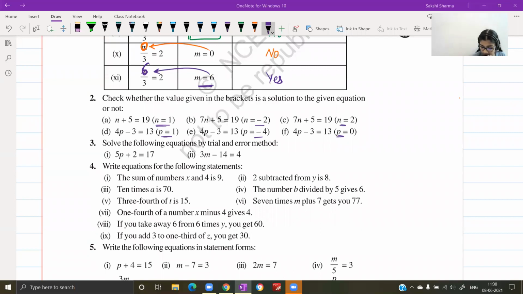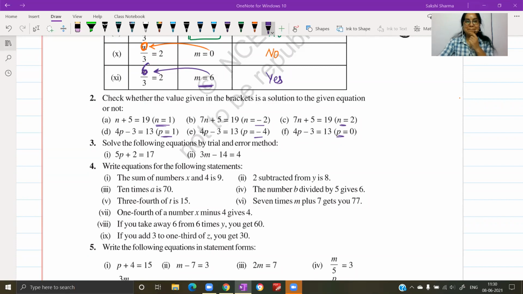Then 7 and minus 2 we have to multiply and solve. Then minus 14 because minus 2 is there. So minus 14 plus 5, so negative 9. Yes, right. Two sides are unequal. The answer will be no.